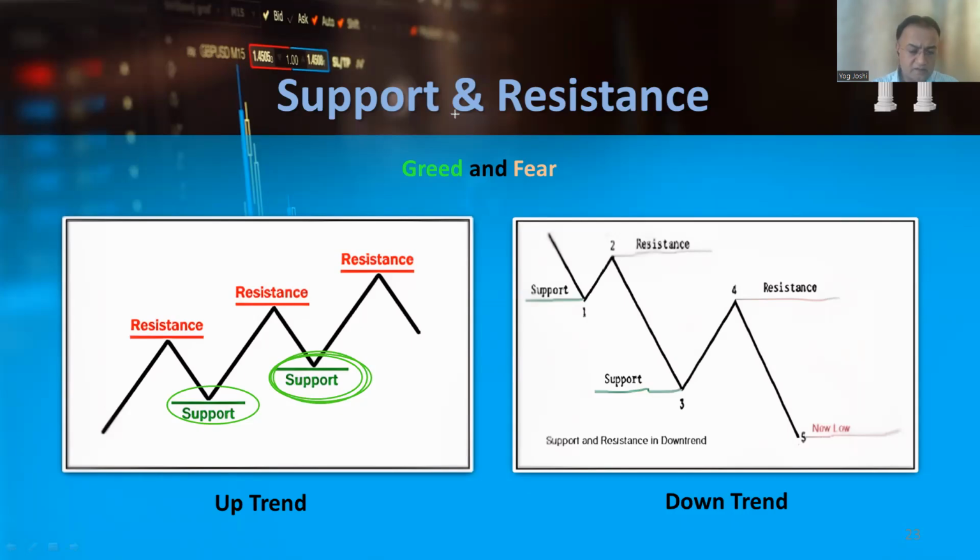Resistance. What is the resistance? Say currently the Infosys price is approximately 1400, for example. All of a sudden, within 4 to 5 days, the Infosys price touches 1800. I am slightly afraid, because this is a big move reported in the Infosys chart in the last 4 to 5 days.